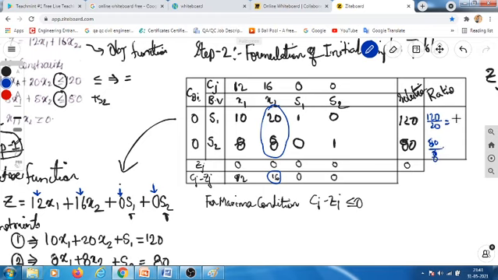On dividing, 120 by 20 is nothing but 6, and 80 by 8 is nothing but 10. Here the minimum value is 6. So, the row corresponding to the minimum ratio becomes the key row.